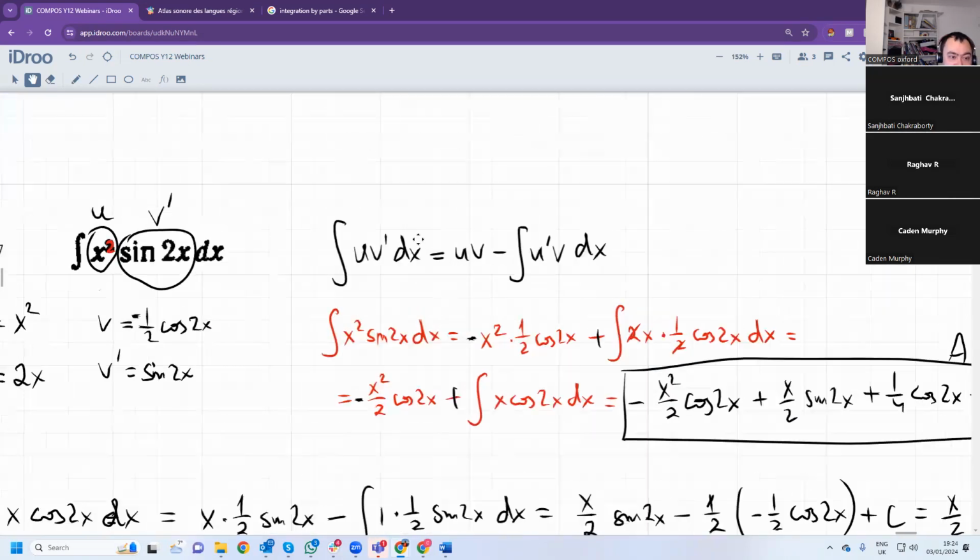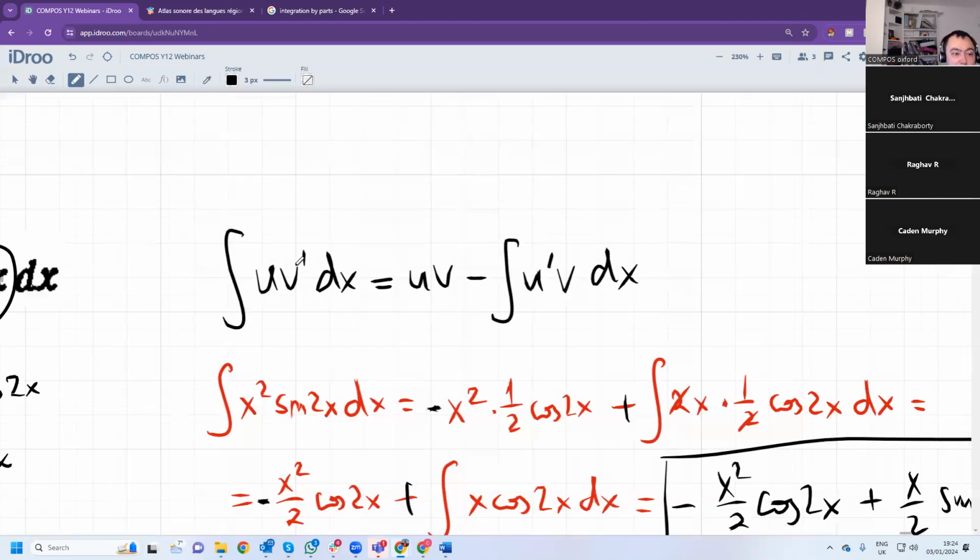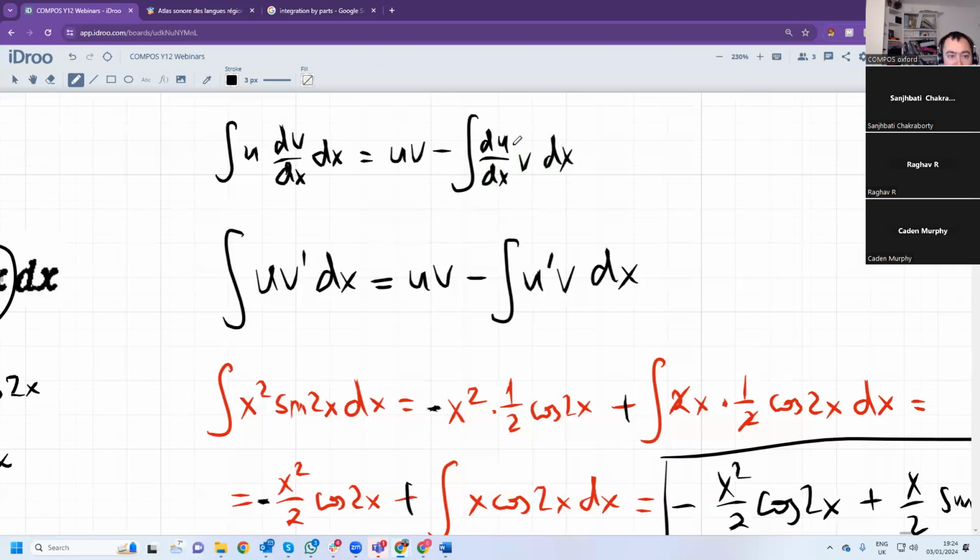I use a simpler formula. Here I say, well, v dash is dv dx, times dx equals uv minus integral u dash is du dx, v dx, and then dx cancels, and you are left with integral of u dv equals uv minus integral of v du.